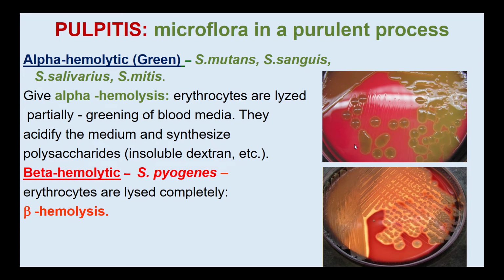But if we talk about pulpitis, we may add beta hemolytic streptococcus, for example Streptococcus pyogenes, which completely destroys erythrocytes and forms a clear beta hemolysis zone. The role of these is acidification of the environment and synthesis of insoluble polysaccharides, dextrans, which give the ability to form plaque and initiate the inflammatory process.